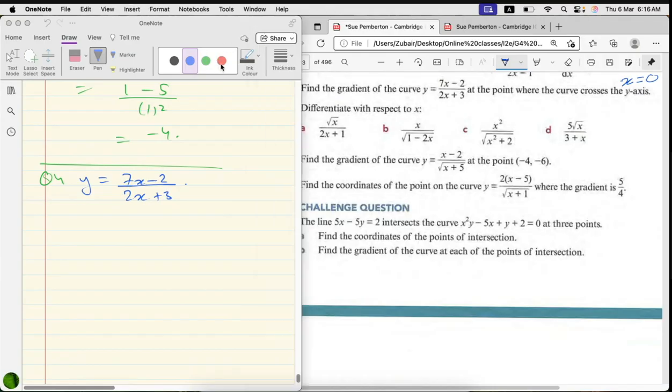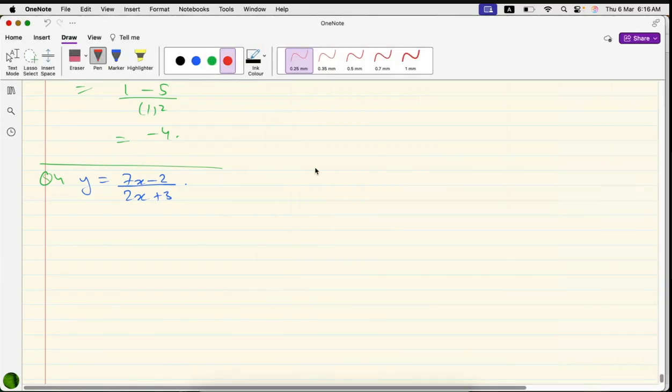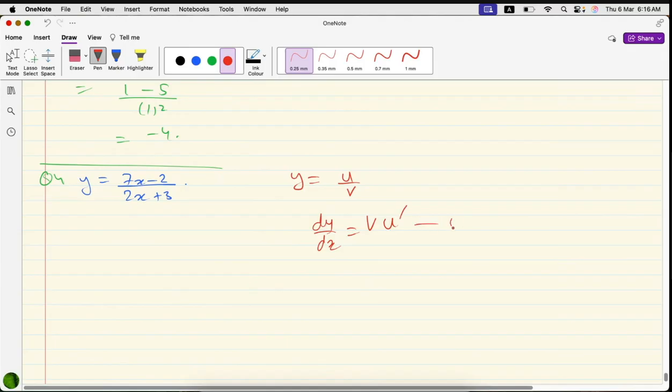Are you placing V and U correctly? Yes, in the way the formula is. y equals U divided by V, dy by dx is V differentiation of U minus U differentiation of V divided by V squared.